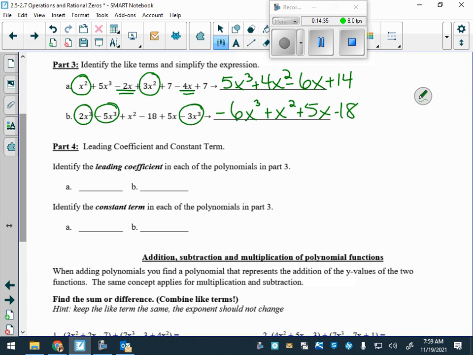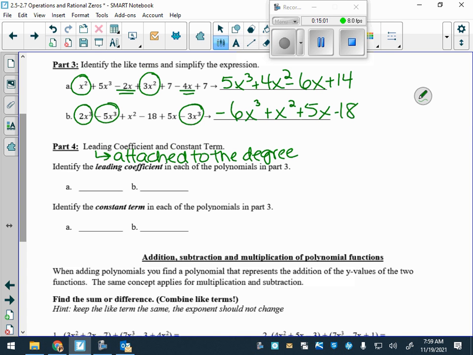Excellent. Okay. Other two definitions to know is the leading coefficient and the constant term. Okay. The leading coefficient is attached to the degree. So it's the number that leads your polynomial.